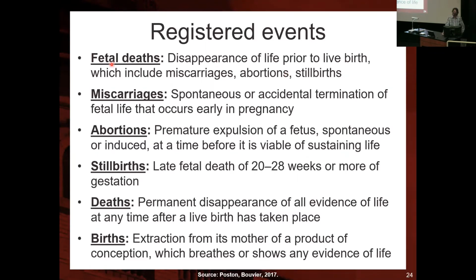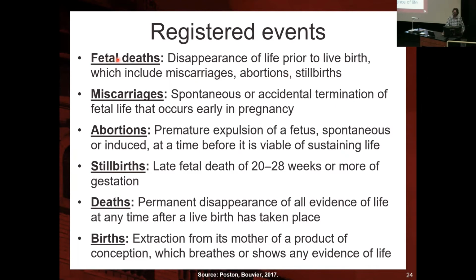So what are fetal deaths? The disappearance of life prior to live birth, which includes miscarriages, abortions, and stillbirths. And going to each one of those: miscarriage, abortion, and stillbirth are types of fetal deaths.